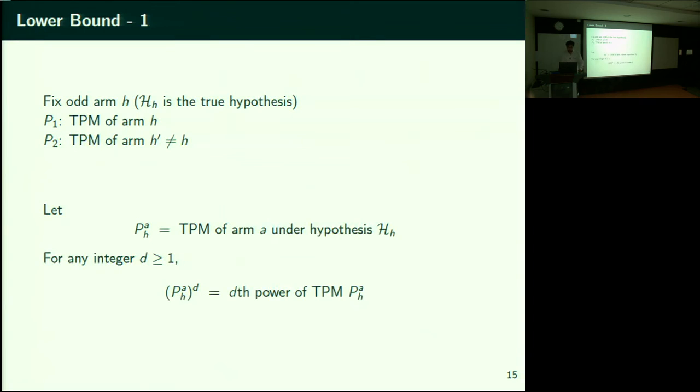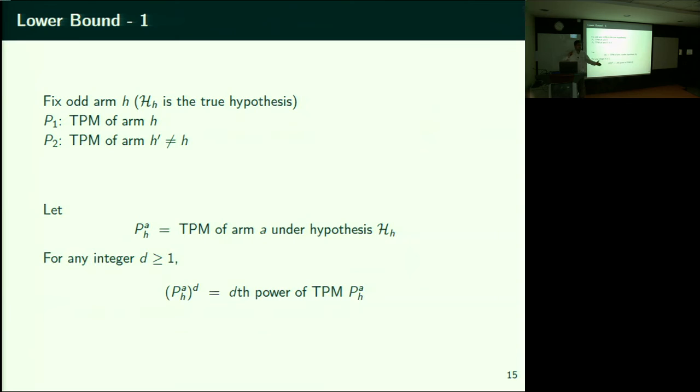By PHA, I am going to refer to the TPM of arm A under hypothesis H. That is, when H is actually the odd arm and you select arm A, what is its TPM? That is PHA.